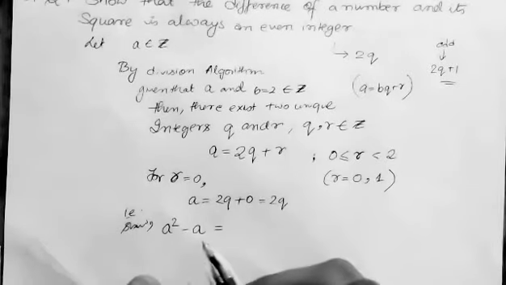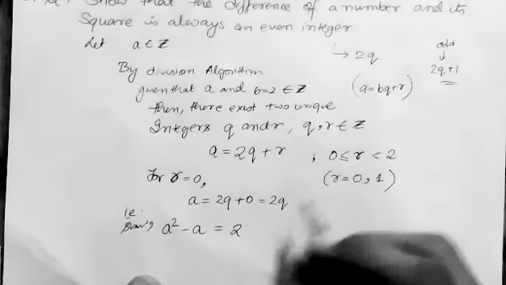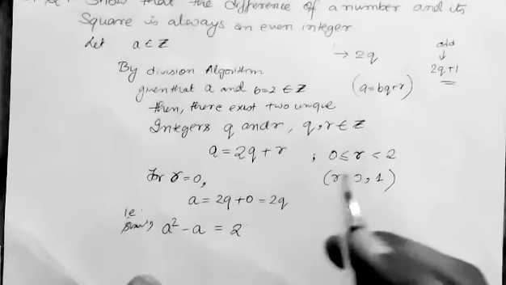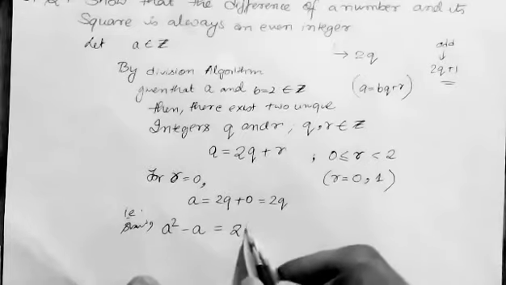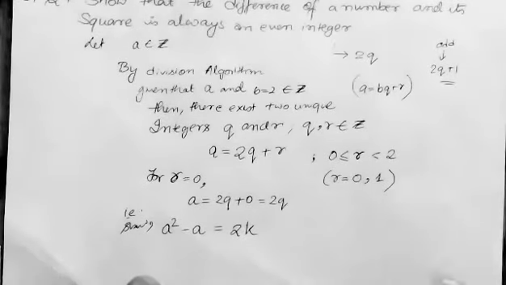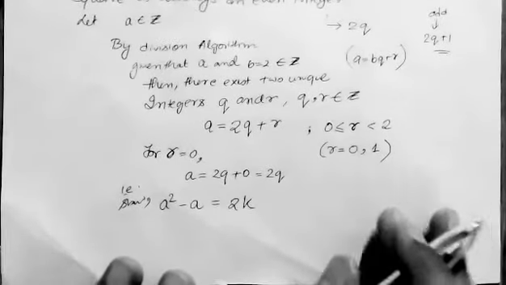Even number means you can express it as 2 times an integer, as we have considered q here. So we have cleared our aim, what we need to prove.